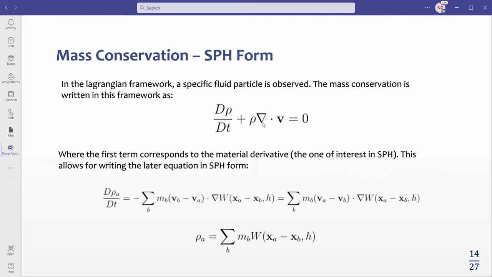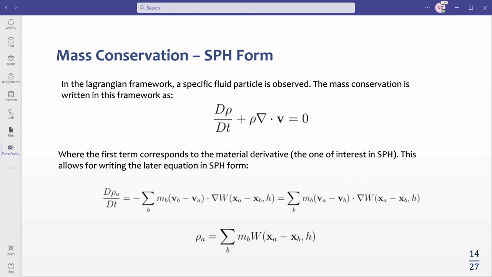That is why this collapses to the divergence of the velocity field equals 0. Many of us may be more used to the Eulerian approach, where we have the partial derivative with time and partial derivative with location. But as SPH is evolving particles in space, we have a Lagrangian expression for each particle.